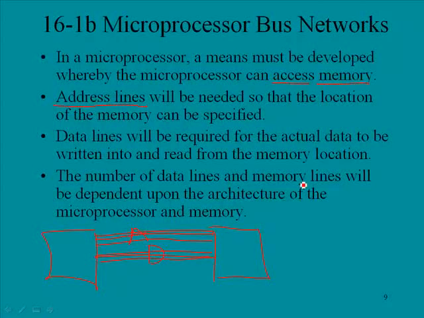The number of data lines and memory lines will be dependent upon the architecture of the microprocessor and memory. And then there's going to be another set of lines I'll just mention real briefly here. I'll put a C here, and these are going to be the control lines, and these will determine, you know, is it writing, is it reading, what is actually going on with this addressing and this data movement.